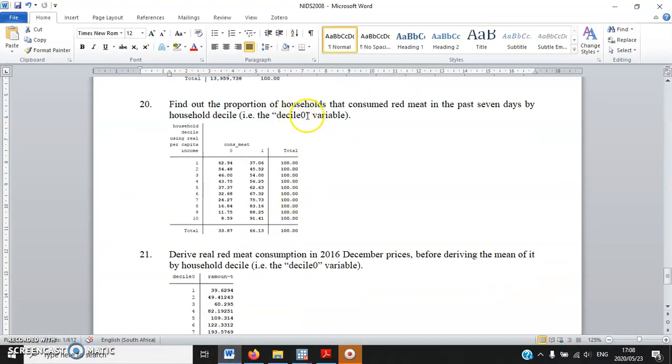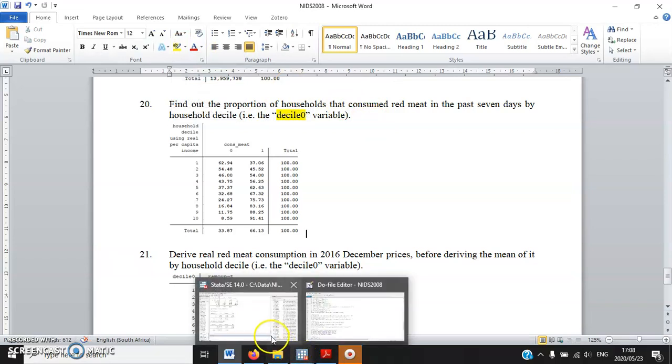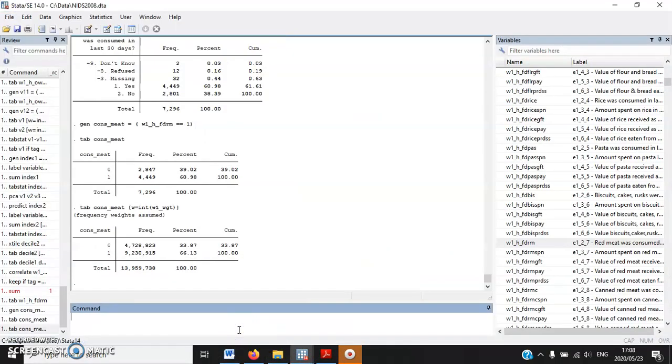Question 20. Remember now we refer back to household level data. So I'm going to, from this question, find out the proportion of households that consume red meat in the past 30 days by household decile. Remember the household decile, decile 0 we created like long time ago earlier today using real per capita income. So in other words, I just want to do a cross tab actually. Tab decile 0 and then the dummy.